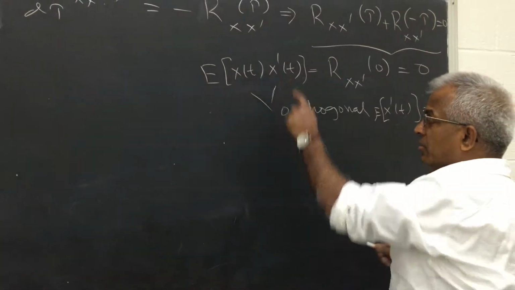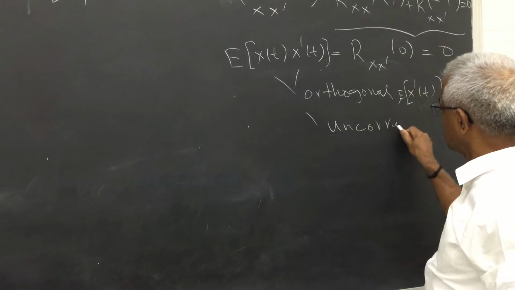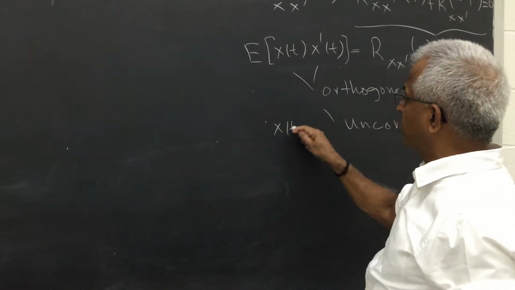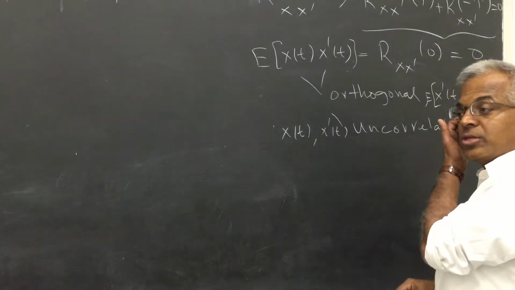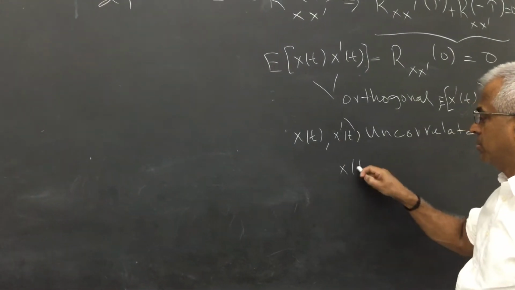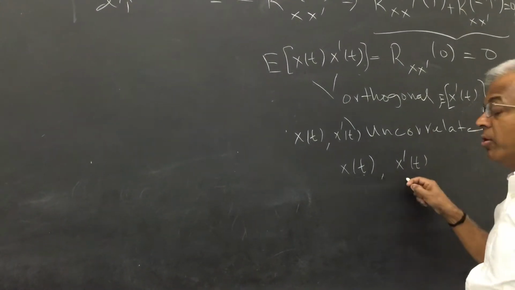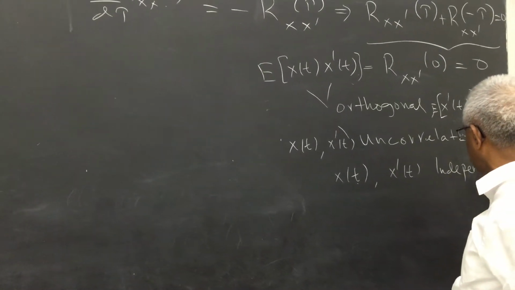That means these two random variables are uncorrelated: x(t) and x'(t) are uncorrelated. And if x(t) is Gaussian, then x(t) and x'(t) are point-wise independent. Not the entire process, but point-wise.